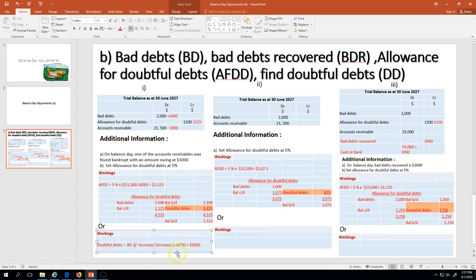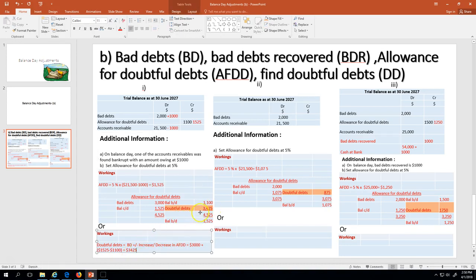Firstly, when we look here, we know that 2,000 plus 3,000 is our bad debts, correct? The next item is to look: is that an increase? From last year's 1,001 to 1,525, is that an increase? Definitely an increase. So when there's an increase, we find the difference of the increase and add it to our bad debts to find doubtful debts.